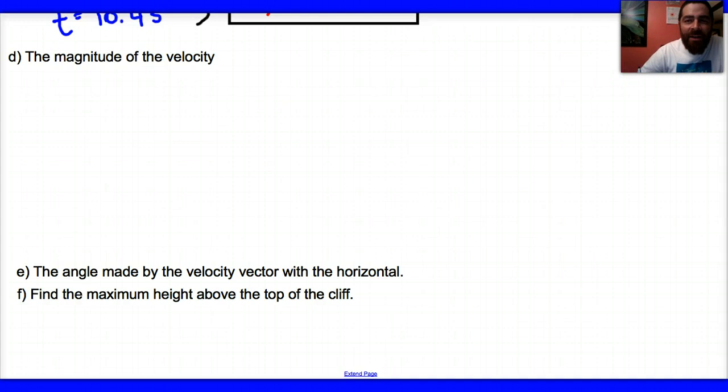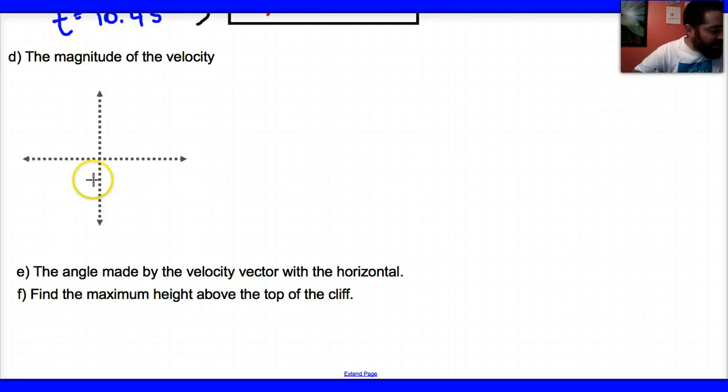If I make a quick sketch of a coordinate axis over here on the left and draw in the components of the vector, the y component we just found is negative 63.1 in the downward direction, and the x component is a positive 51.9. We should recognize right away that our resultant is going to be in this fourth quadrant, and it's going to be found by the sum of the x and the y components.